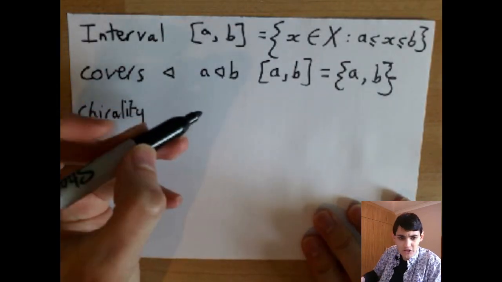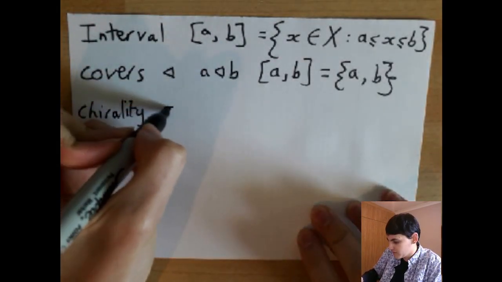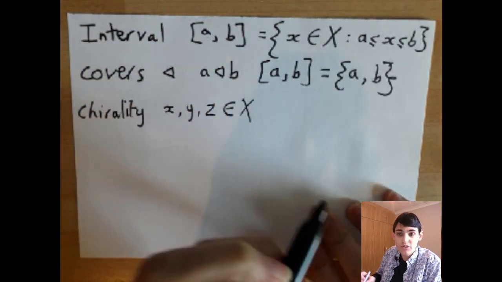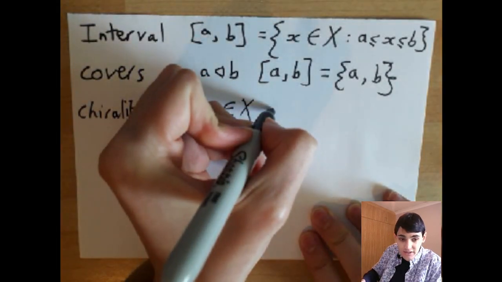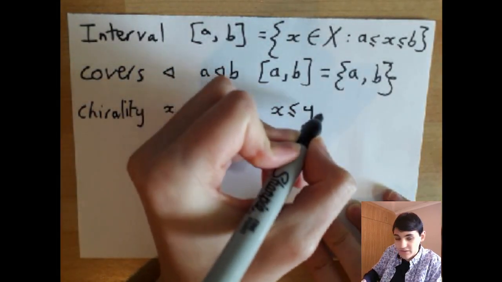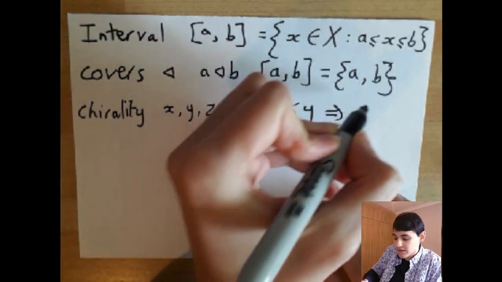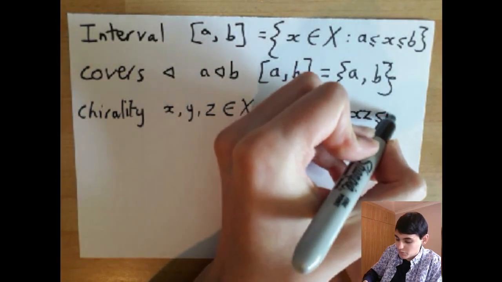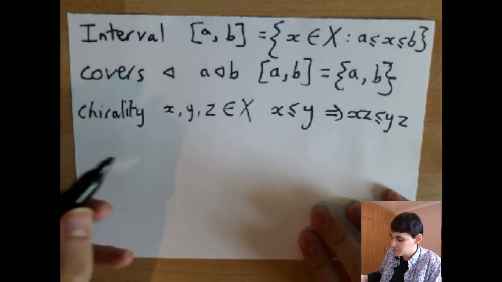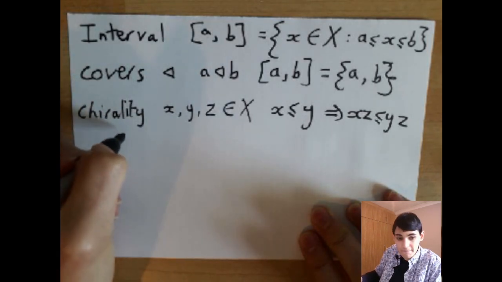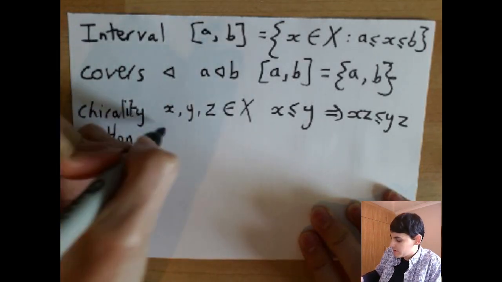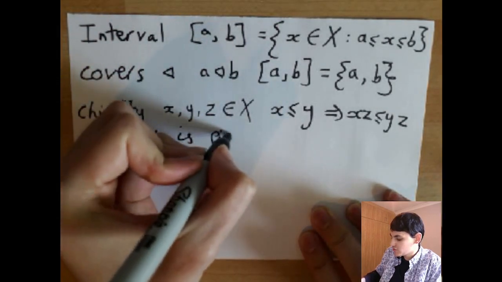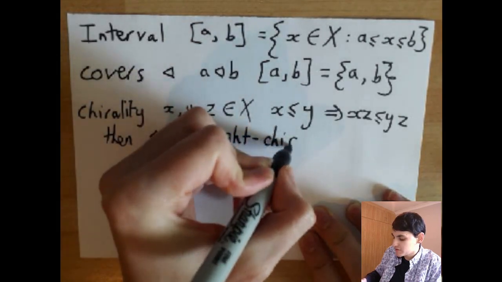So if you've got x, y, and z in your set X, and you have x less than or equal to y, then x times z is less than or equal to y times z, then this relation is right chiral.